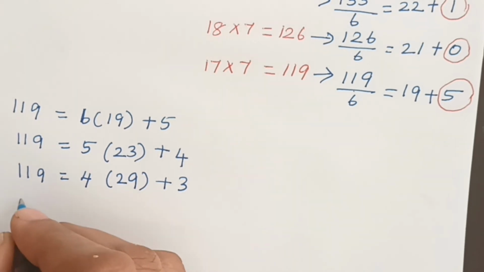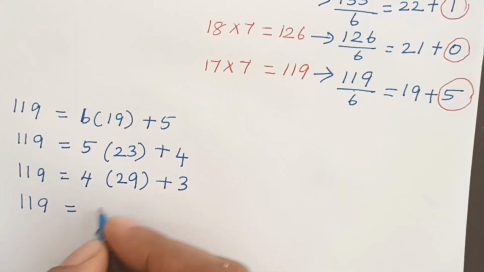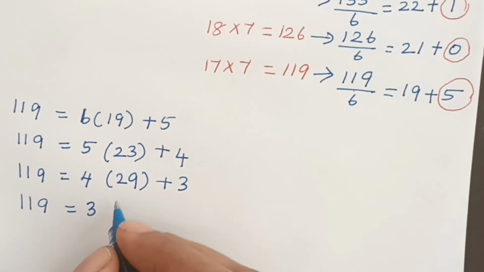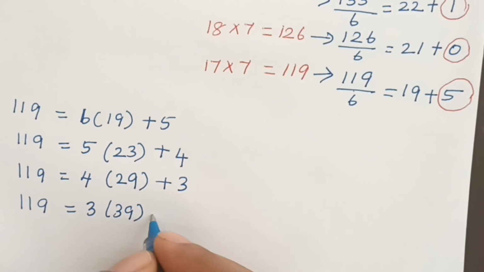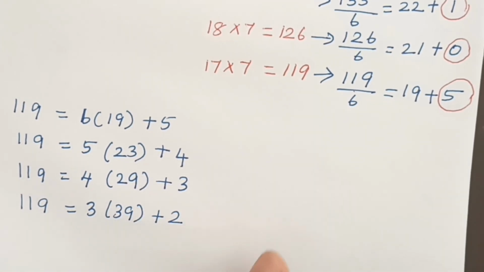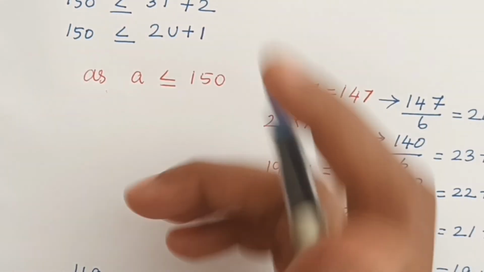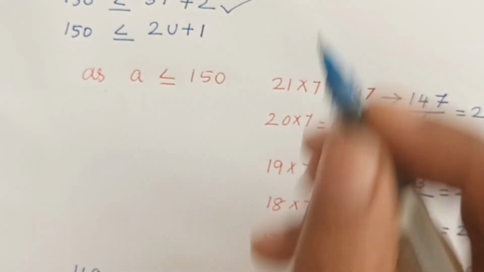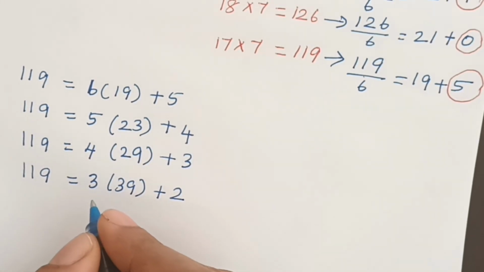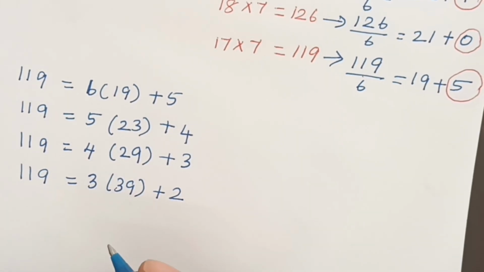Now 119 divided by 3 is 39 as quotient plus 2 as remainder. So this also satisfies our criteria. If counted in threes, the remainder will be 2.